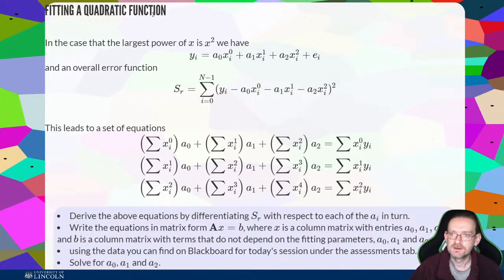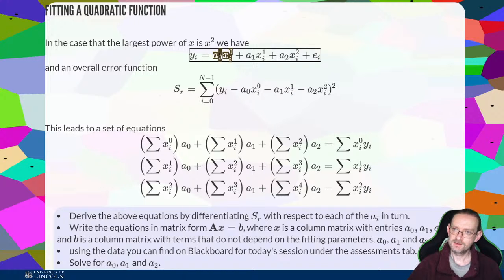So, for instance, let's take a quadratic function. We assume our data is going to be modelled by, and I've written it out explicitly this time, this bias, this intercept, this offset, times 1, or x to the power 0, plus a1 times the slope, and then this quadratic term, and an error, rearranged.